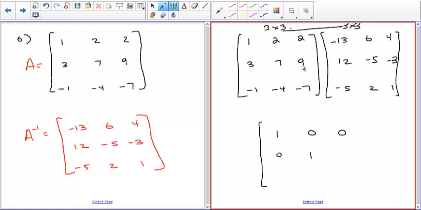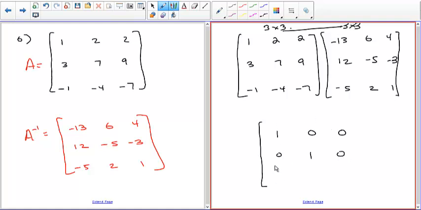So I multiplied this row times that column. Now I'm going to do this row times that column to get this. So there you have 3 times 4 plus 7 times negative 3 plus 9 times 1. So 3 times 4 minus 7 times negative 3 plus 9 times 1. That comes out to be 0.